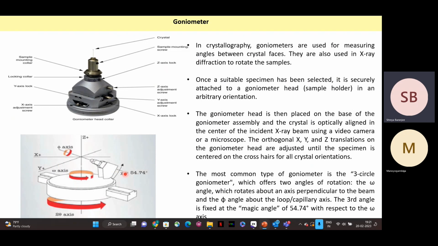The third angle is fixed as the magic angle of 54.74 degrees with respect to this omega axis. So the third angle is measured with respect to the omega axis, and you can see it is 54.74 degrees.